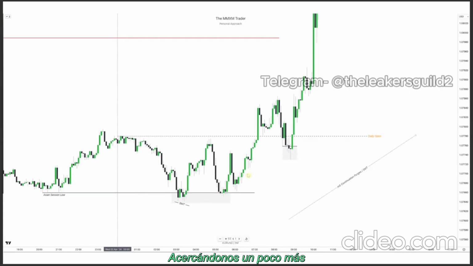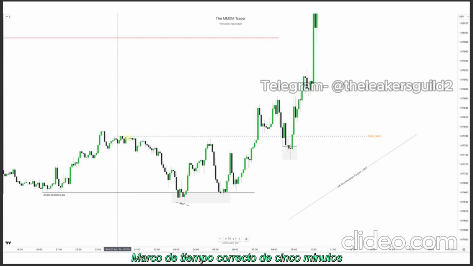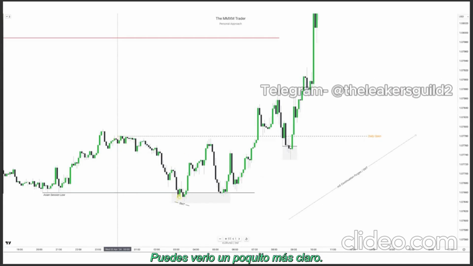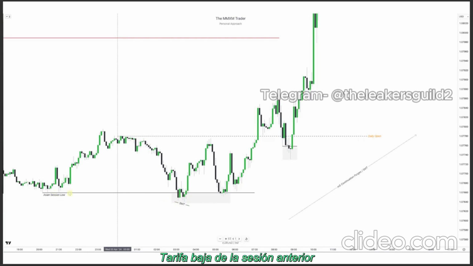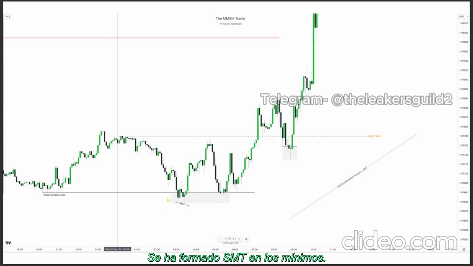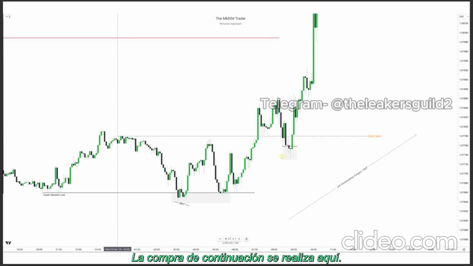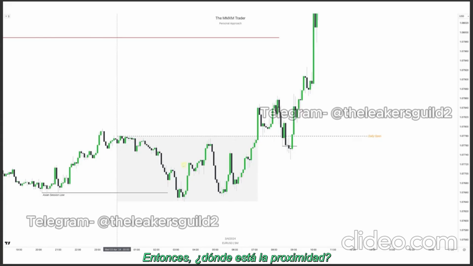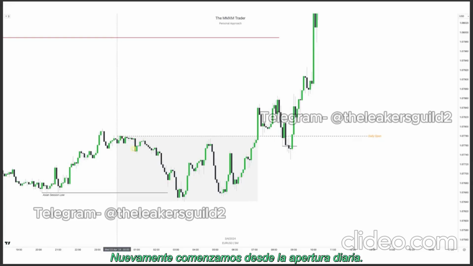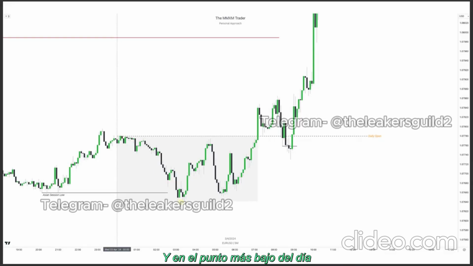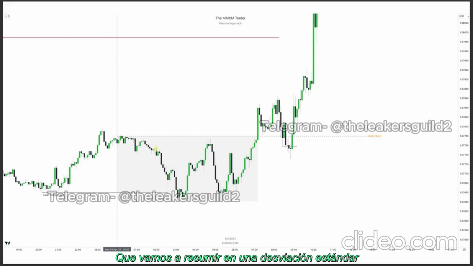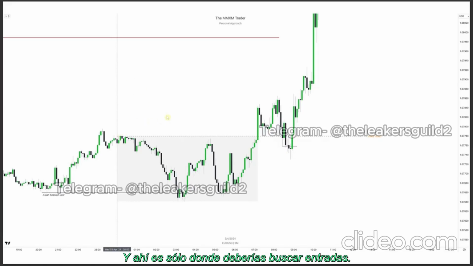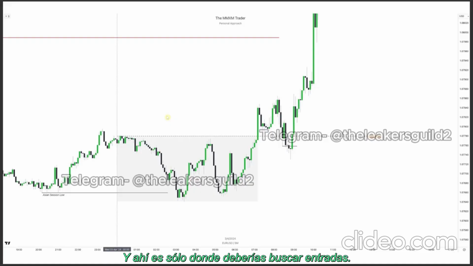Zooming in a little bit more, right? 5-minute time frame. You can see it a little bit clearer, more zoomed in over here. Previous session low raided, SMT on the lows has been formed. Continuation purge happening over here. So now where is the close proximity? Again, we're starting from daily opening, right? And into the low of the day, which we're going to outline in one standard deviation, and that's only where you should be looking for entries.